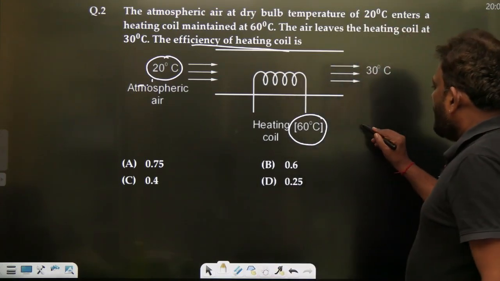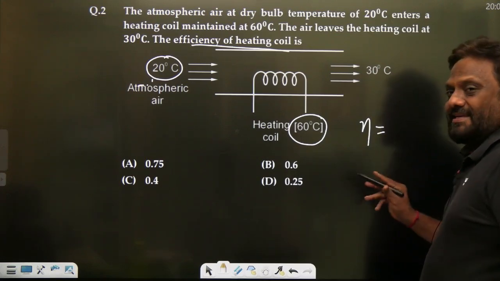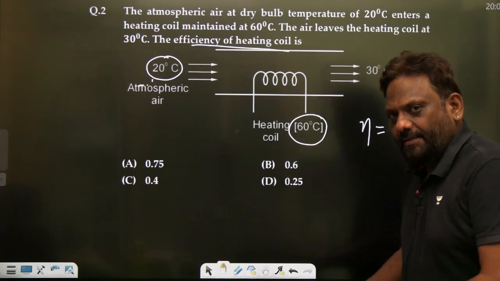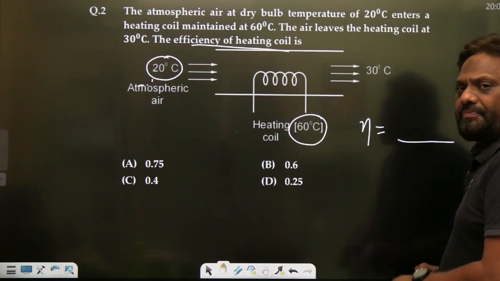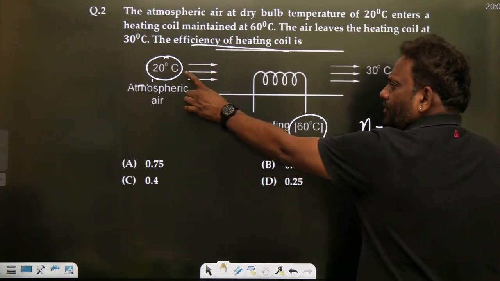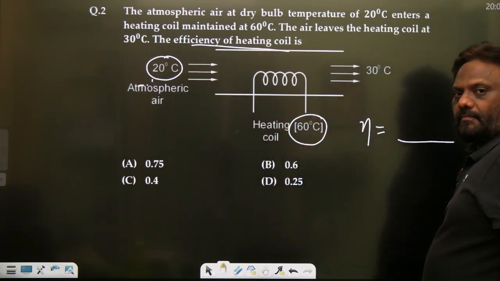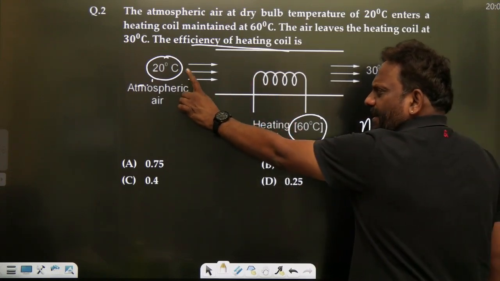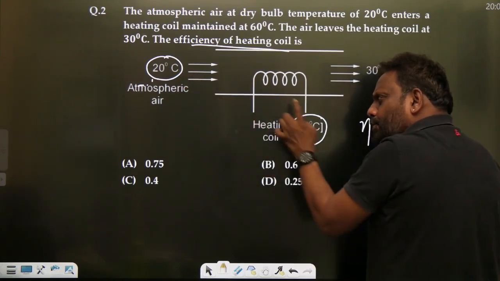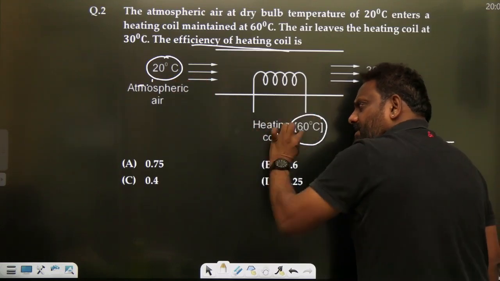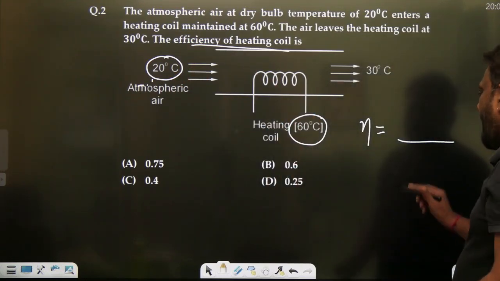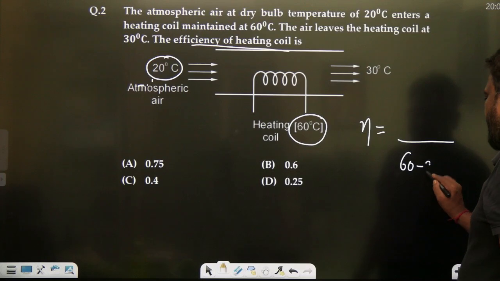Now you know, my dear students, what is efficiency? Actual gain in temperature by ideal gain. What is the ideal gain here? The actual temperature of air is 20. Ideally, it should reach the coil temperature, so the ideal gain is 60 minus 20.